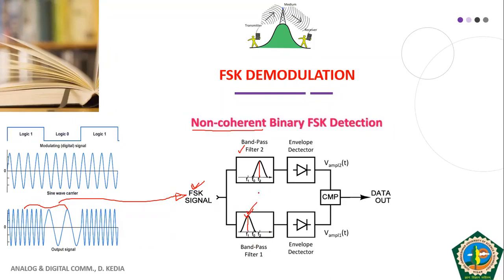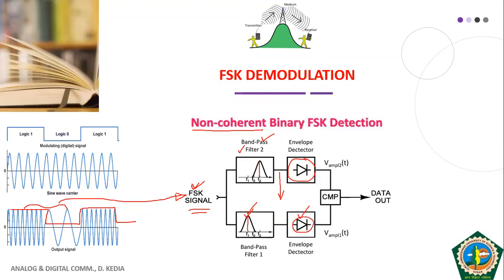Once we pass the FSK signal through the band pass filter, we get the equivalent amplitude modulated signal. Once we get that AM signal, we can use an envelope detector to detect the envelope of the original information signal. Fine. So we get the envelope for 0 from band pass filter 2, and the envelope corresponding to 1 from this.